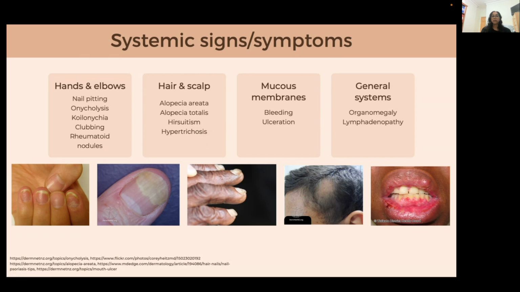So it's important to look at the patient as a whole. Just follow your general structure for examining. So look at them generally, then look at the hands, go up to the elbows, look at the face, look at the abdomen and legs as well if necessary.